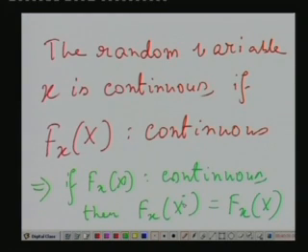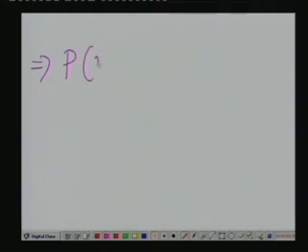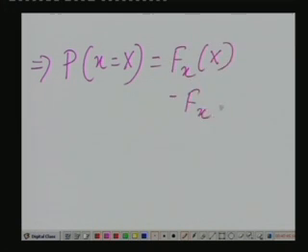What does that mean then? If the random variable is continuous and therefore this probability distribution function is continuous, up to here we have got this, the left limit of the probability distribution function at capital X is same as the value of the probability distribution function at capital X. This would imply from our previous theorem that probability of x taking the value capital X exactly, by our previous theory has been this, but since these two are same, this becomes 0.